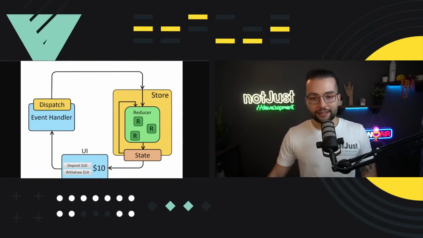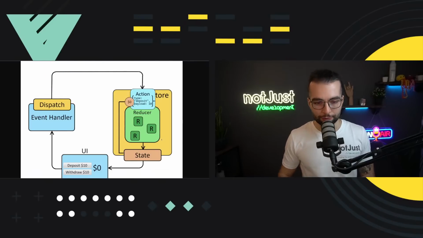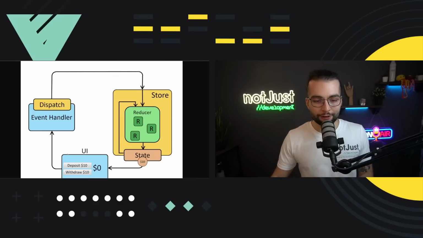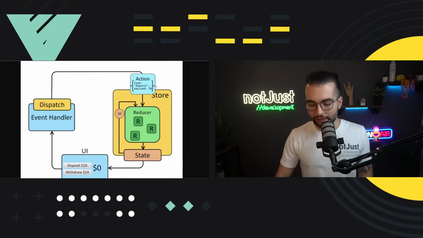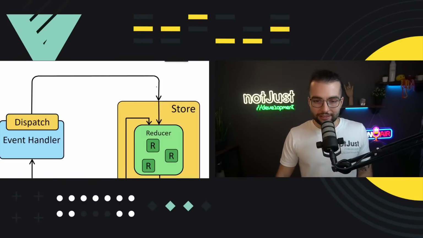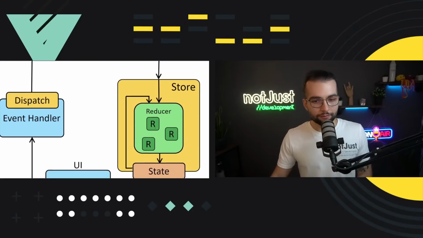So, in this diagram, we see how data flows in our application, using Redux as the global state management. On the bottom, we have a user interface, and this is our React Native code. And here on the right, we have our store. Starting with the store, what is this store?